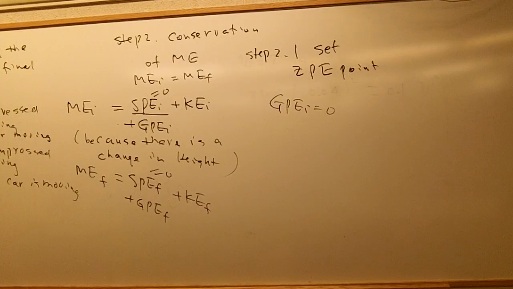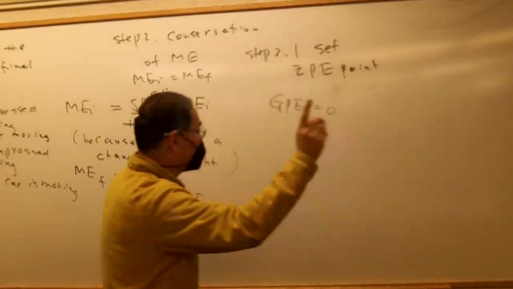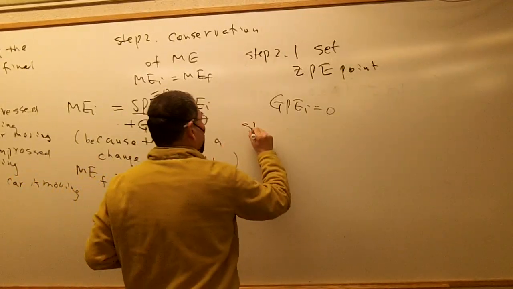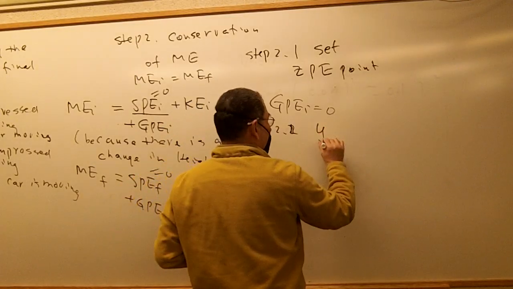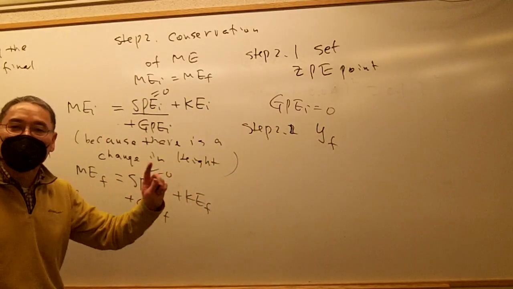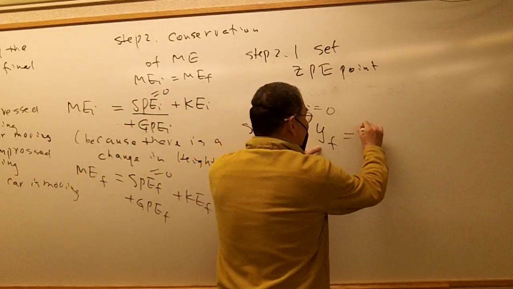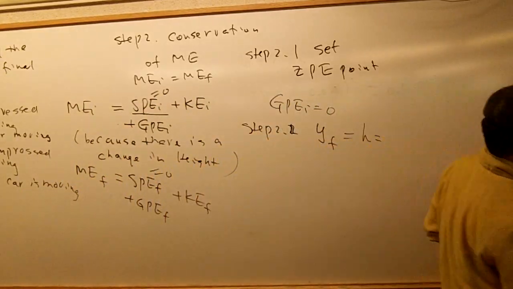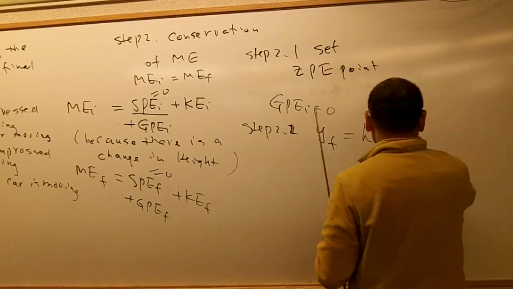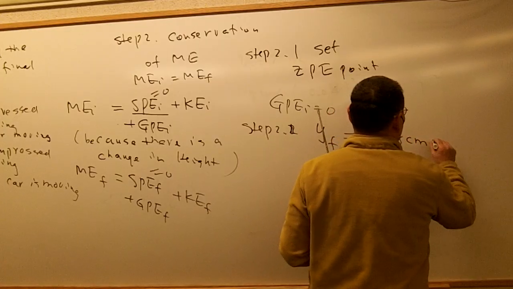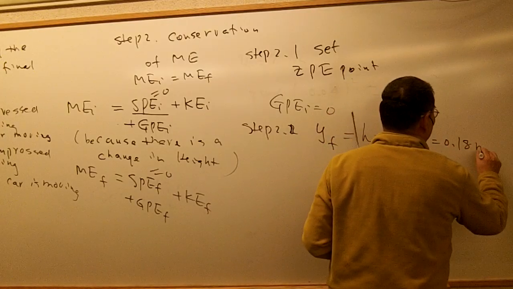So then you see I have a y here. Step 2.2, forgive me. My final position is going to be the edge now. This edge itself is 18 centimeters. We convert to meters.